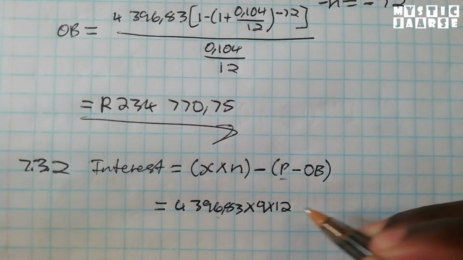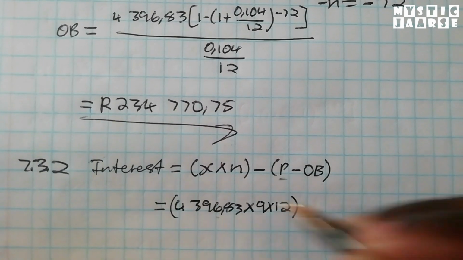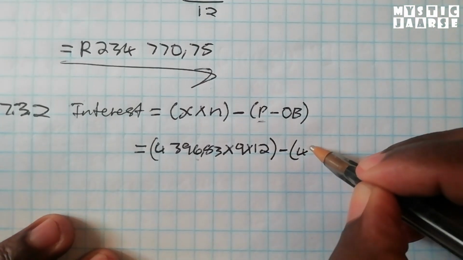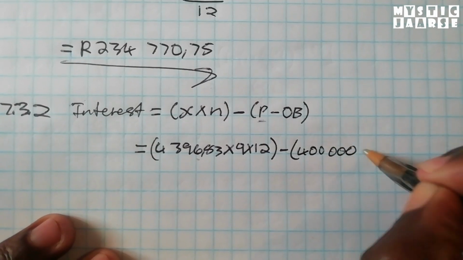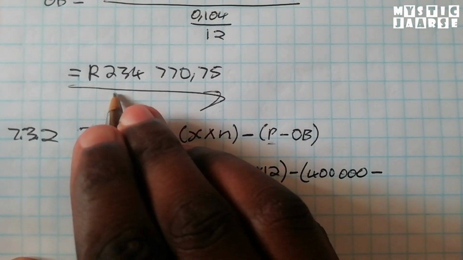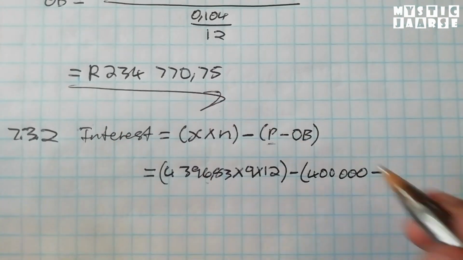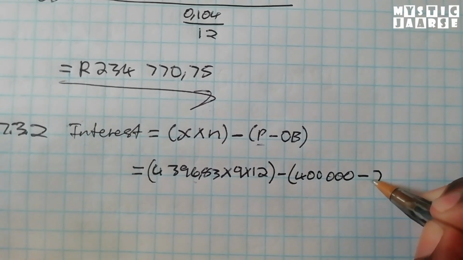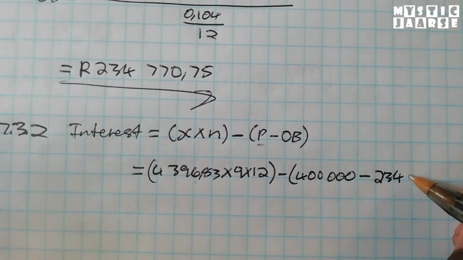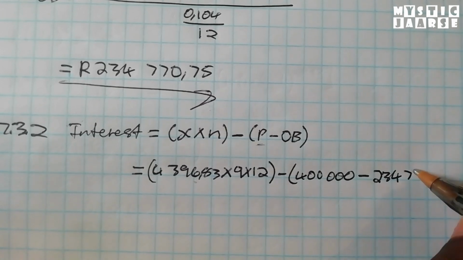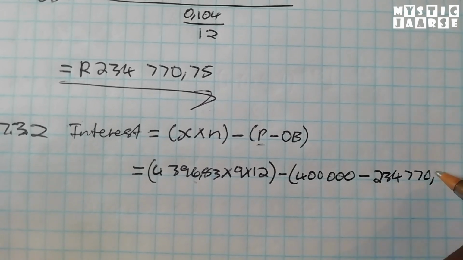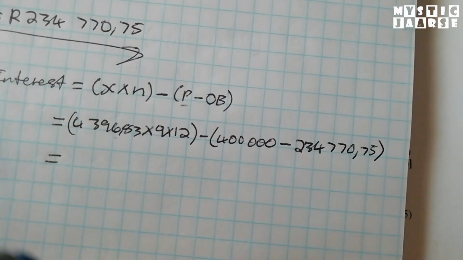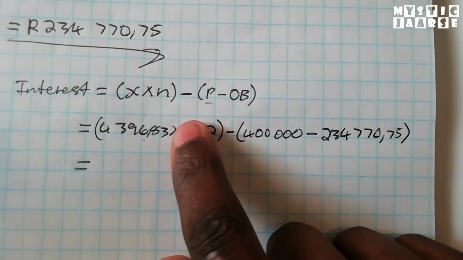So we have 9 times 12, close, minus the original money that she borrowed from the bank, that was 400,000 rands, minus the amount of money that was left to be paid back to settle the loan. So that was 234,770 rand 75 cents.